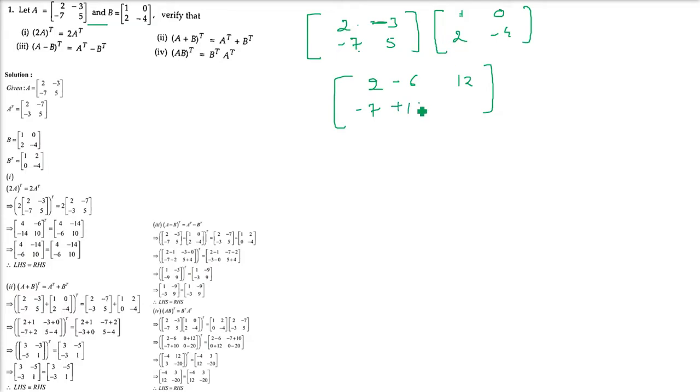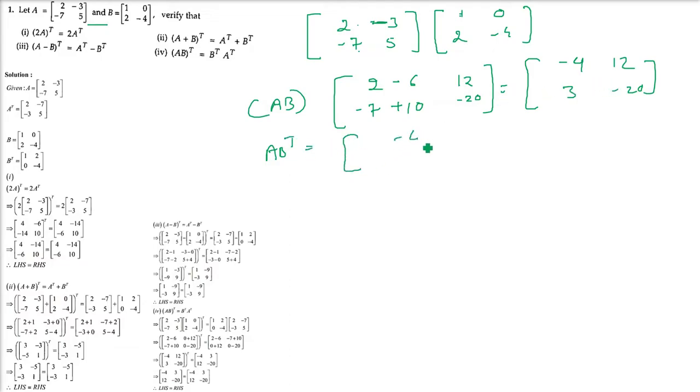Now -7 into 0 and 5 into -4 is -20. So what do you get? 2 minus 6 is -4, this is 12, 10 minus 7 is 3 and -20. So this is AB. Now we'll take the transpose of this, row to column. So this will be -4 and this comes down, 12. Then we have 3 and -20.